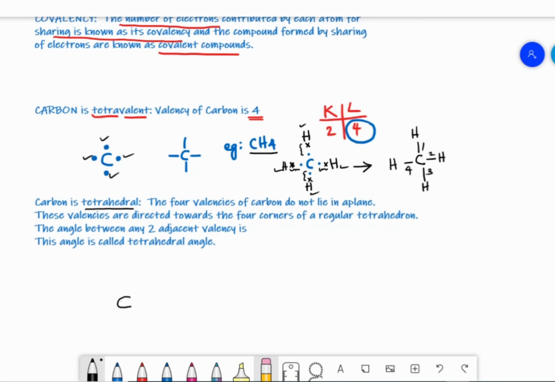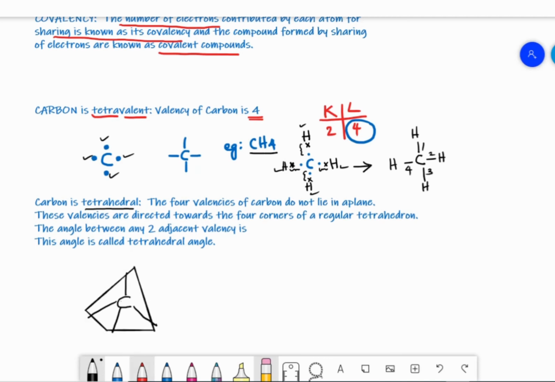Carbon is in the center, and this is the first valency, meaning the first bond, the second bond, the third one, and this is the fourth one. All these 4 covalent bonds are directed towards the 4 corners of a regular tetrahedron. This is the tetrahedron.